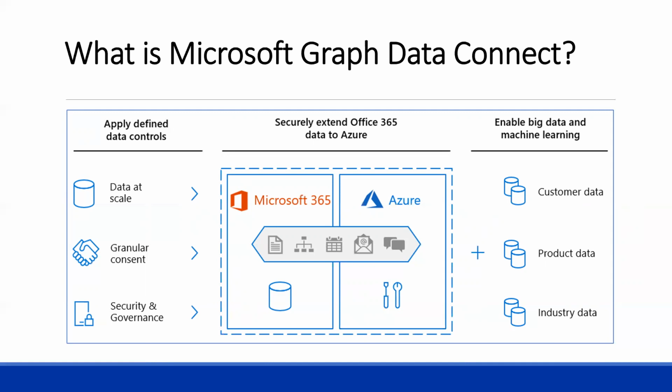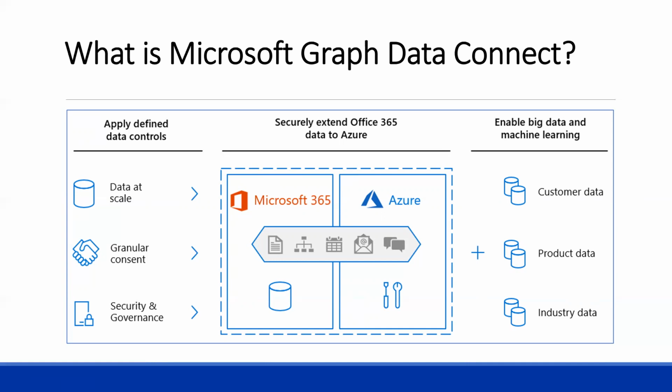Microsoft Graph Data Connect enables developers to copy select 365 datasets. So if you just want emails, messages, events, or just the chat history, one-on-one chats in Teams, you can extract those specific datasets and utilize them for further analysis.